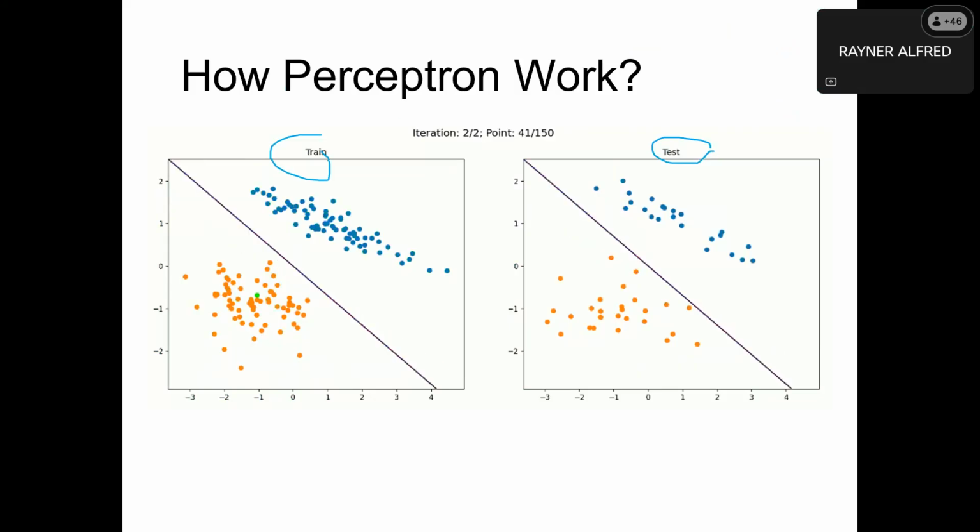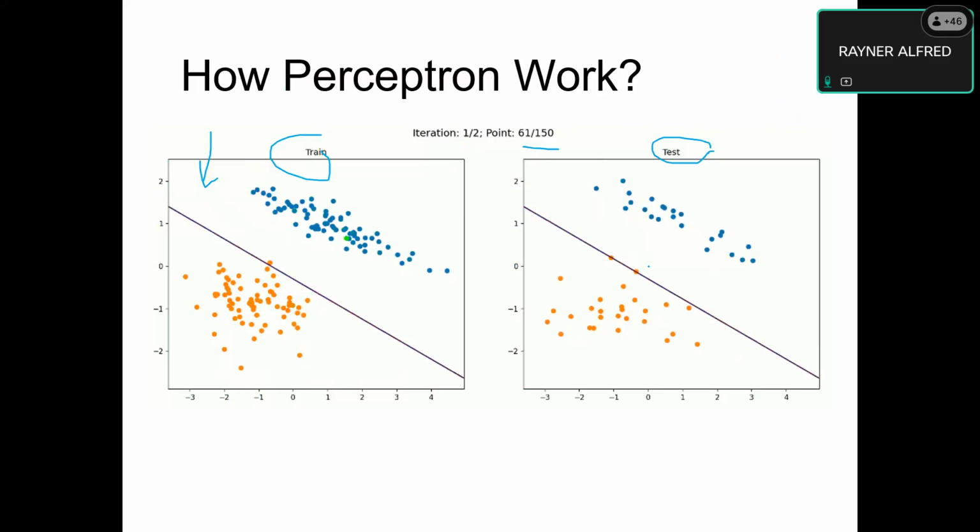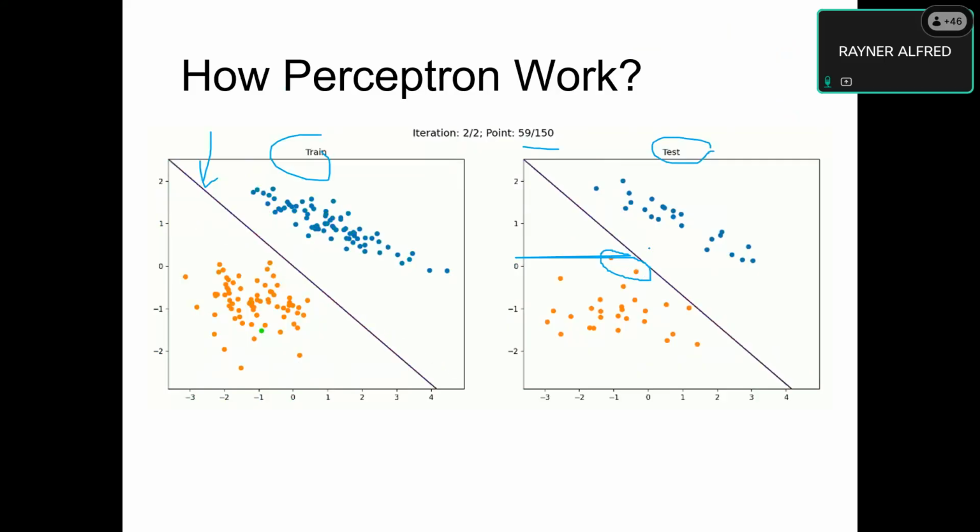So you notice that this is okay already, but then when you overshoot, you will have the first iteration, we still have misclassification here. So in the second iteration, they have adjusted, and it moved to the right, and now we have completed.